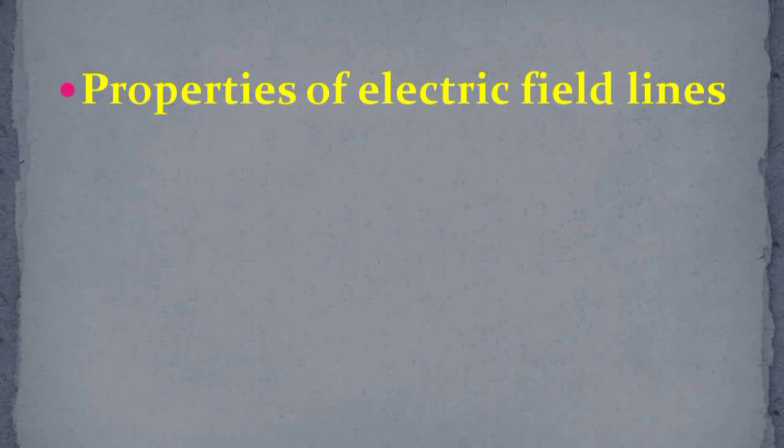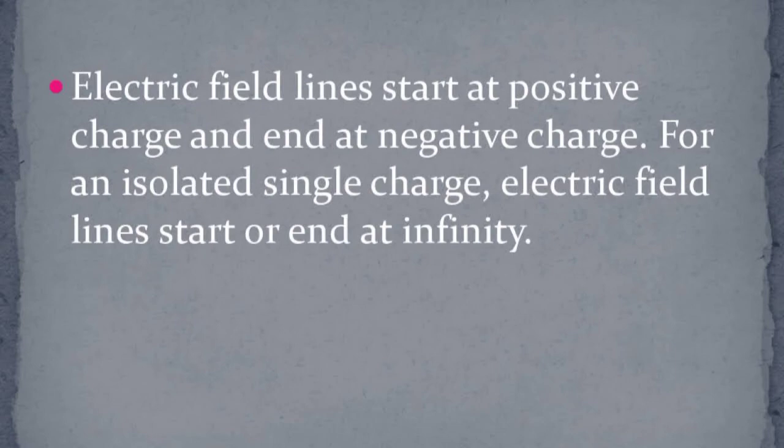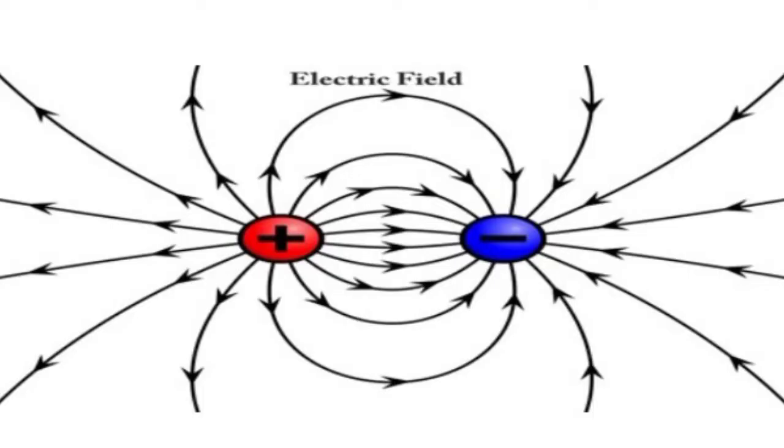Properties of electric field lines. An electric field line starts at a positive charge and ends at a negative charge. For an isolated single charge, electric field lines start or end at infinity. This is an electric dipole producing electric field.